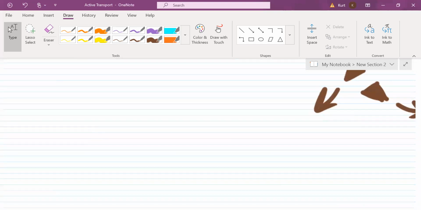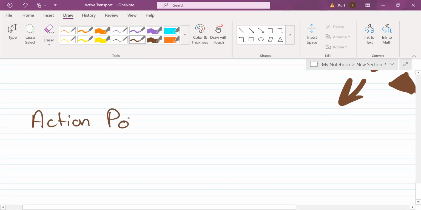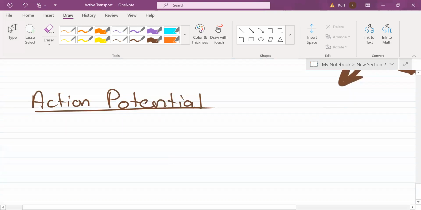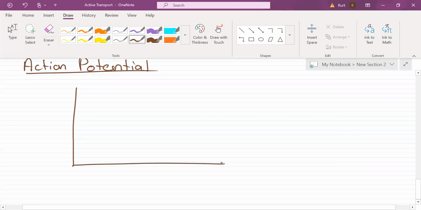All right, so now what we're going to talk about, and we have about 10 minutes left, we're going to do an action potential, guys. Try to get this in within 10 minutes. So when you do an action potential, it's depicted in a graph, X and Y axis. The x-axis is time, and that time is going to be measured in milliseconds.